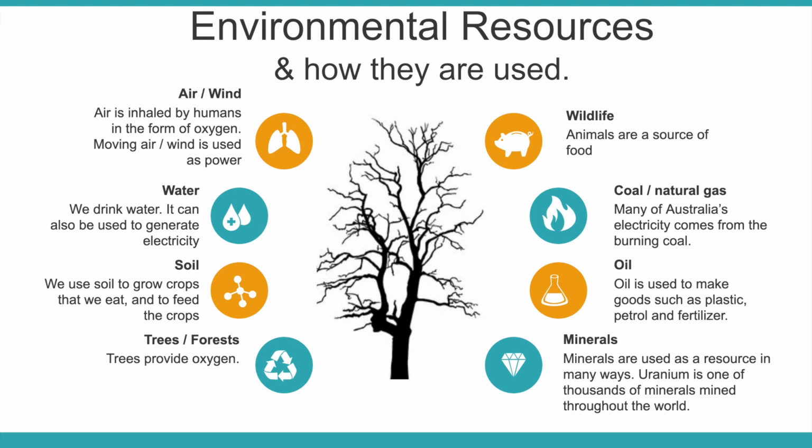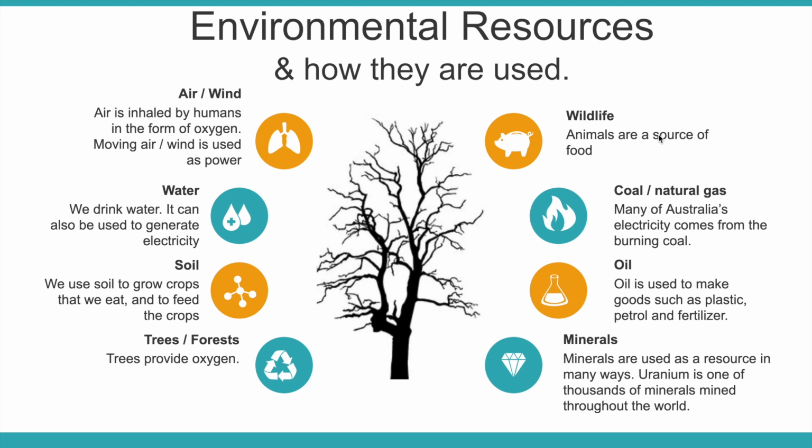These are some examples of environmental resources and how they are used. You've got air and wind. Air is inhaled by humans in the form of oxygen. Moving air and wind is also used to create electricity, so it's used as a power source. You have wildlife.